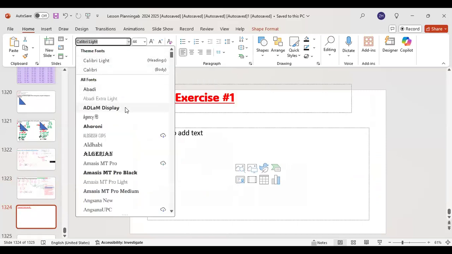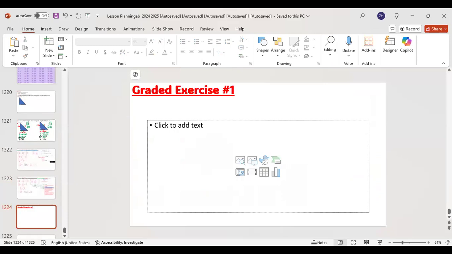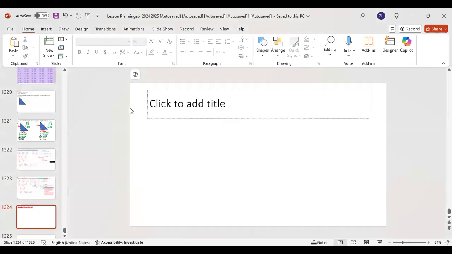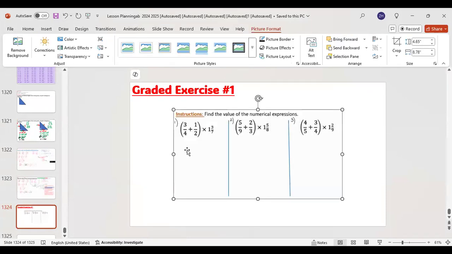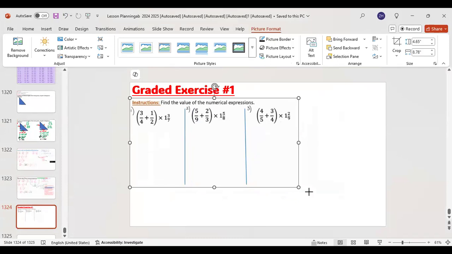All right, so let's go ahead and do this graded exercise. The instructions are very clear for these ones. Find the value of the numerical expressions. I can only give you all 3 of them to tackle quickly.